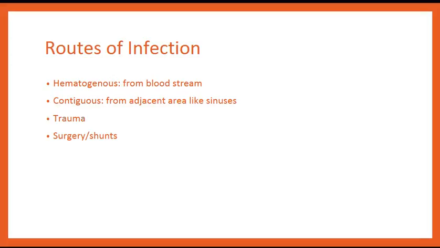A contiguous spread is from adjacent areas, mainly the sinuses. So a severe sinus infection does have the potential to cause meningitis, but it's not common. Then there's trauma to the patient that affects the spinal cord or the brain, and also surgery or shunts that have to be done on that system.